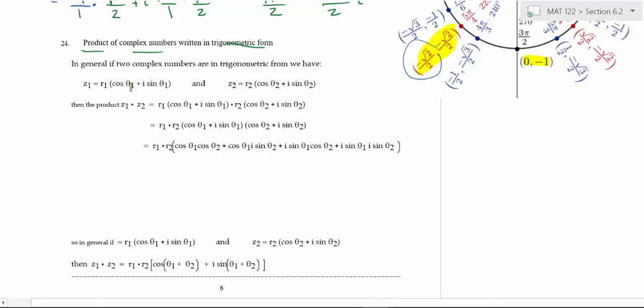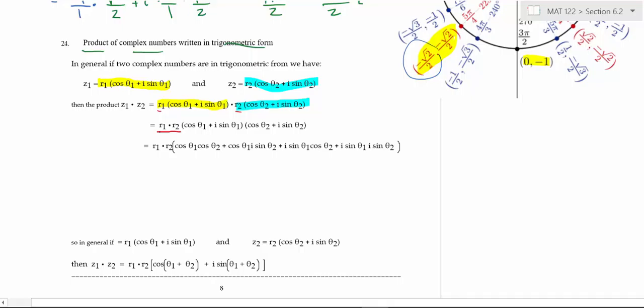So the idea is I have 2 complex numbers. This would be in the first one, and this be in the second one, like that. So we are going to multiply those complex numbers together. So here's your first one, and we're going to multiply by that. So what we can do is, by using an associative property, we can multiply just the r1 and r2.